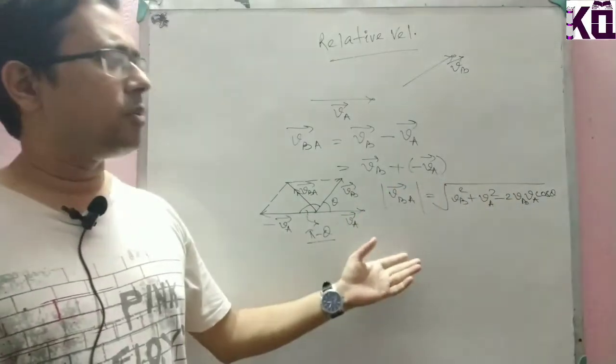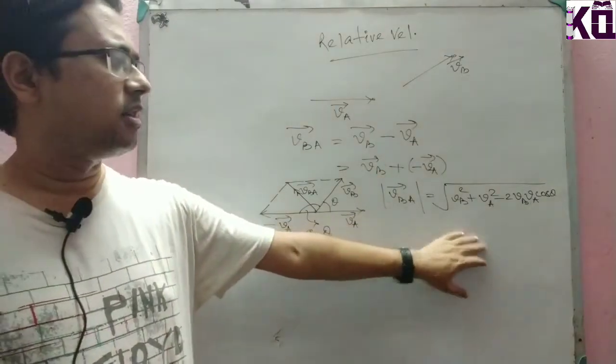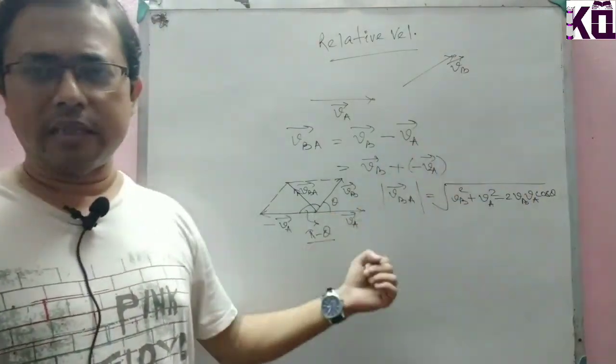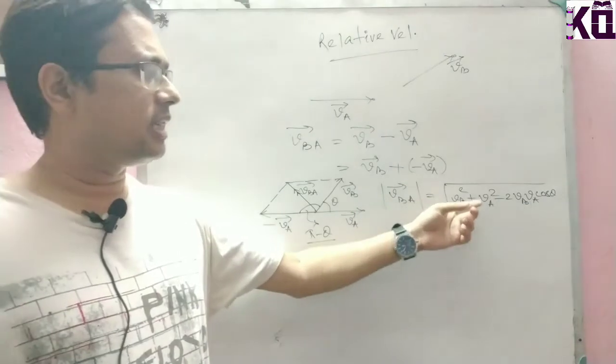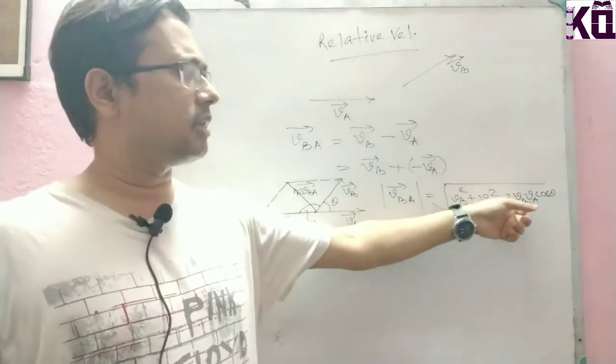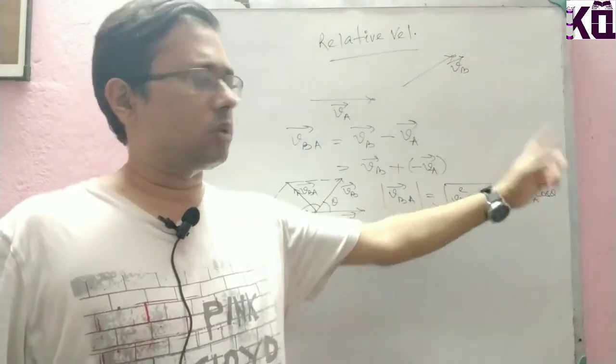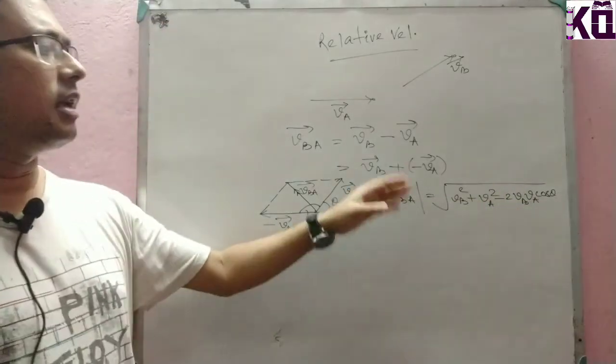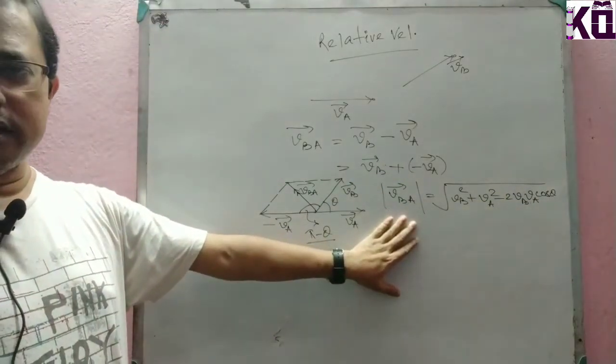From trigonometry, cos of 180 minus theta becomes minus cos theta. So we write VB square plus VA square minus 2 VB VA cos theta. This is the way to identify the value.